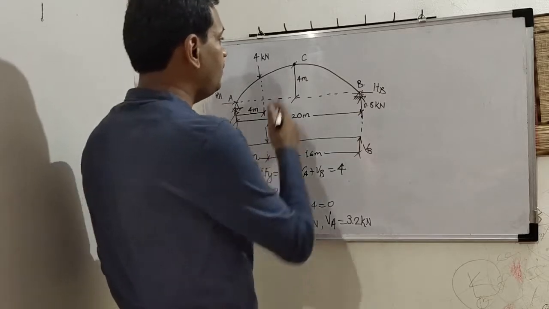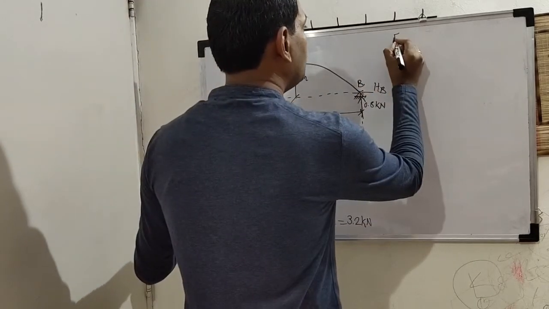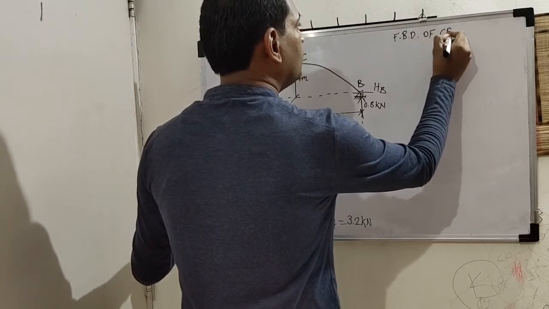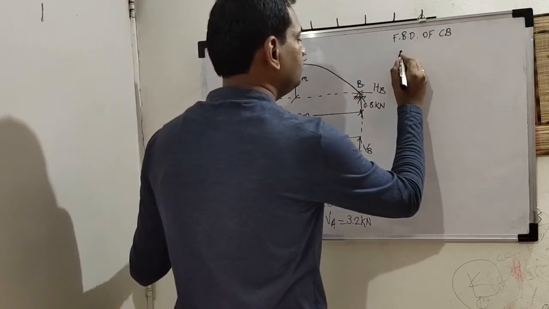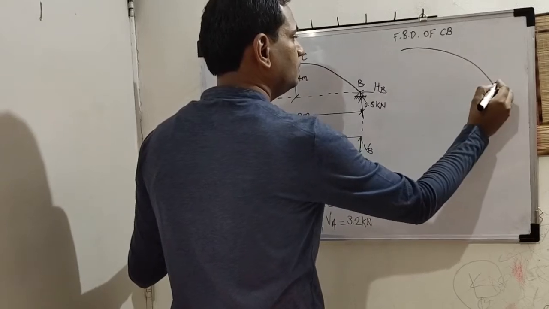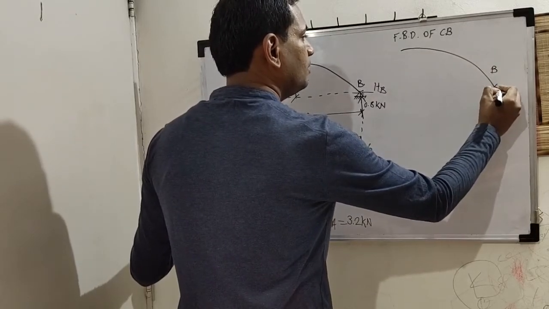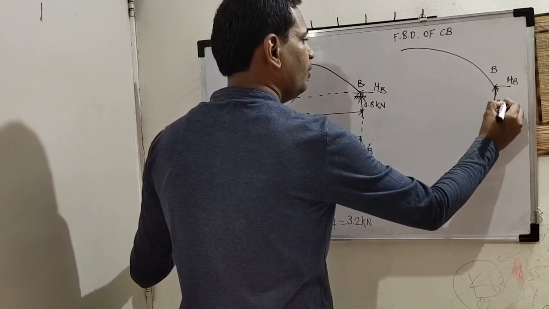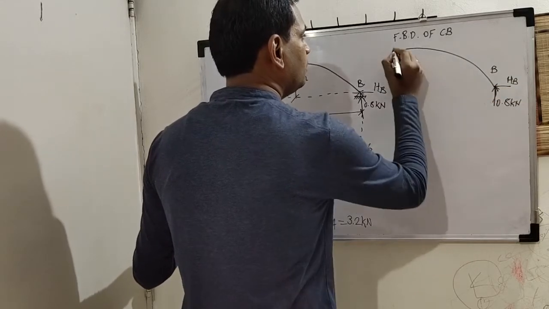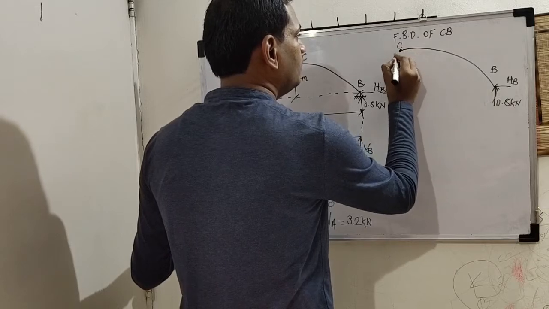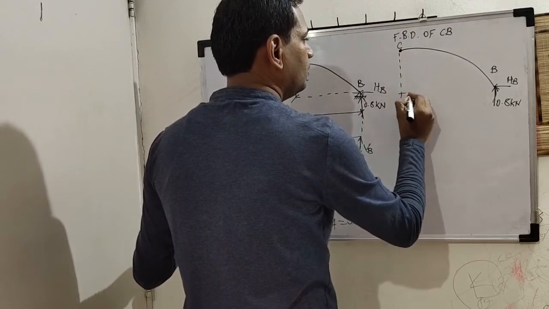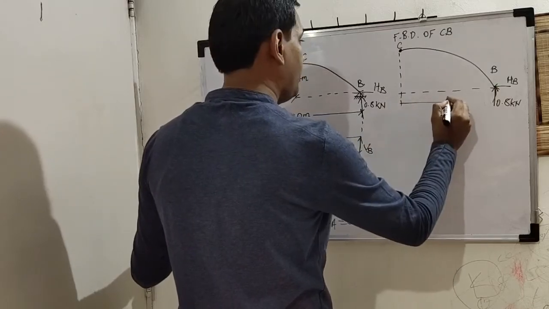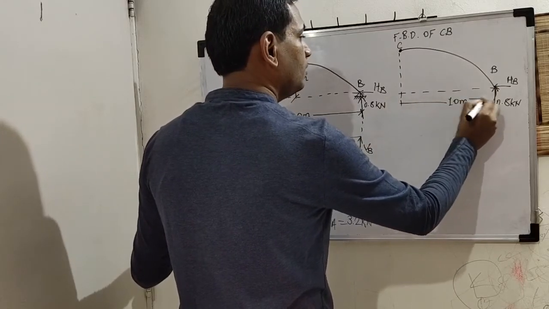So we will consider the free body diagram of the CB part of the arch. Here is our B, this is HB, VB is 0.8 kilonewton. Here is crown C. How much is this distance? 10 meter, correct?